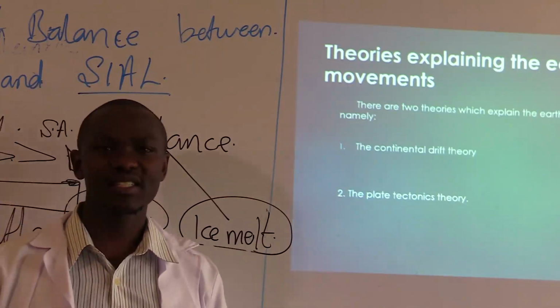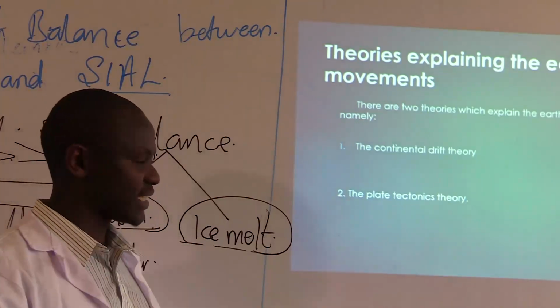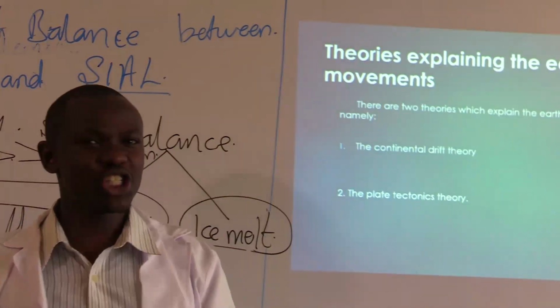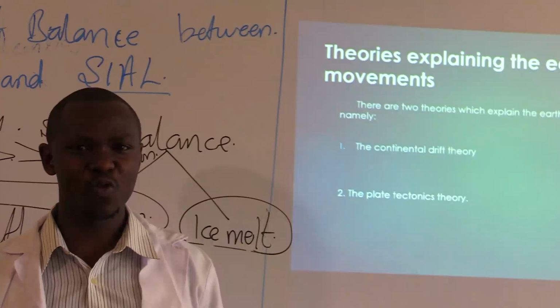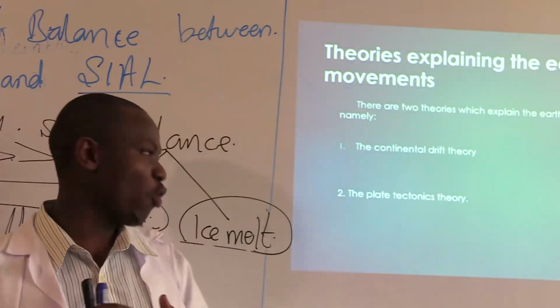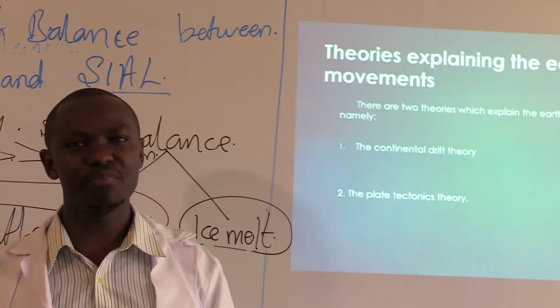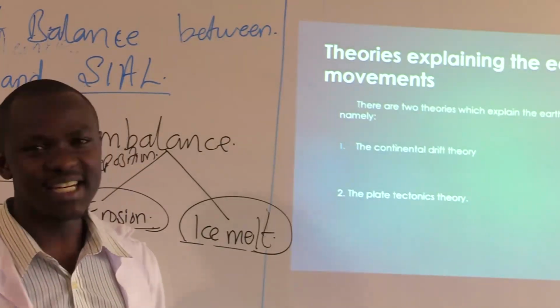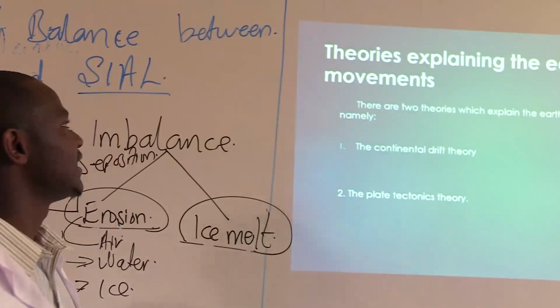Here we shall be discussing how plates or continental crusts and oceanic crust move either away from each other, towards each other, or past each other, depending on the impact of tectonic forces that we had discussed earlier.